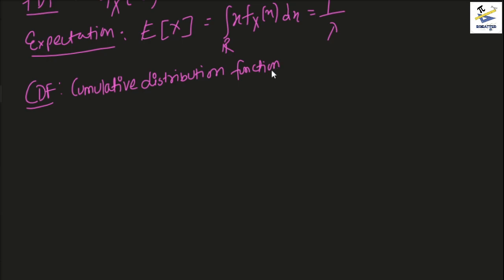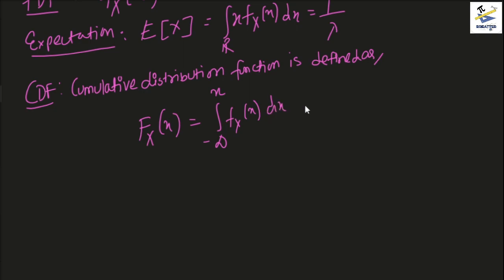So the cumulative distribution function is defined as capital F of x, so it basically means that the probability of x less than or equal to small x. That is how the CDF is defined.